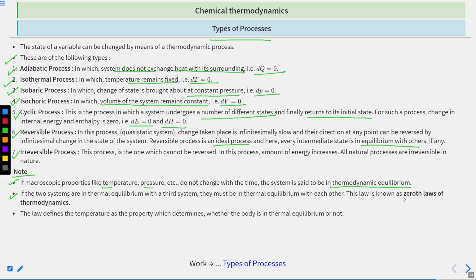This law is known as the zeroth law of thermodynamics, and it is important. Third, the law defines temperature as the property which determines whether a body is in thermal equilibrium or not. So these are some note points we have to keep in mind.